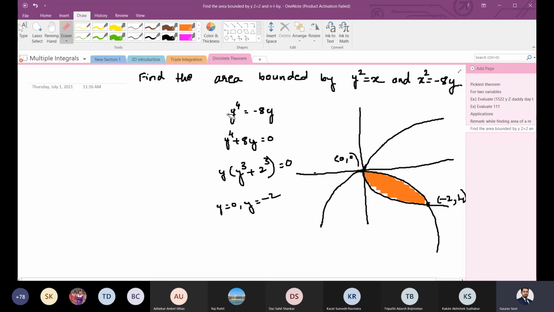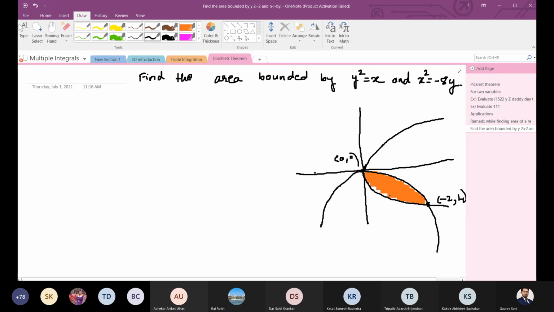Now we need to take the step either vertical or horizontal, whichever we like. I'll take the vertical step like this. So area is given by double integral over R dx dy. Now I should give the limits. The vertical step will start moving from 0.